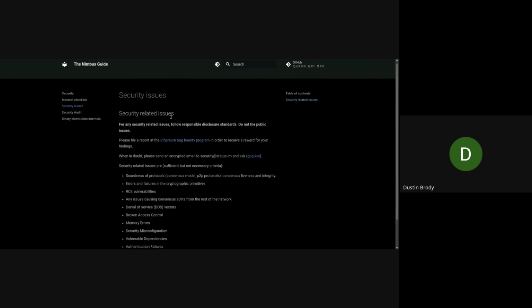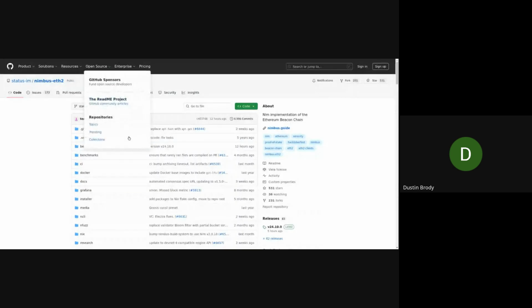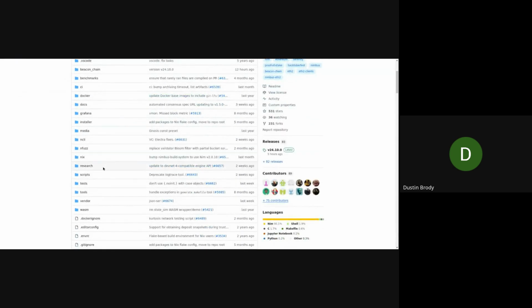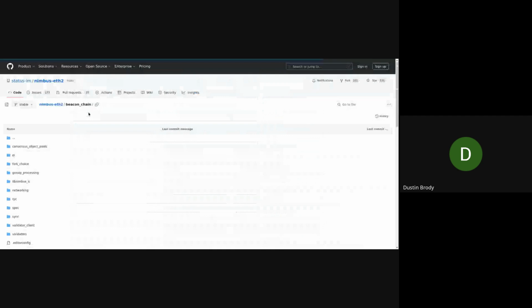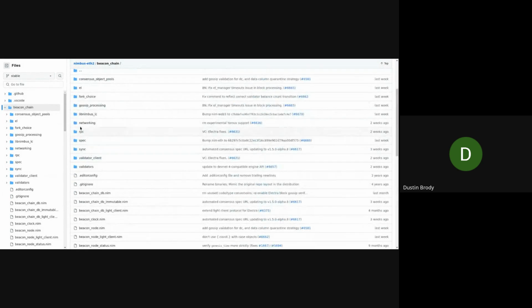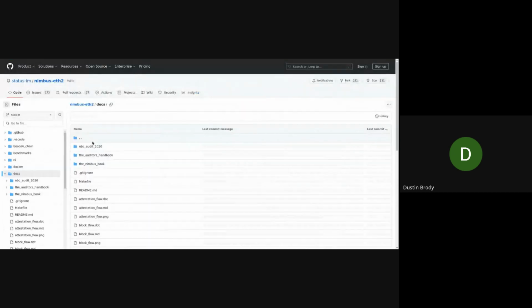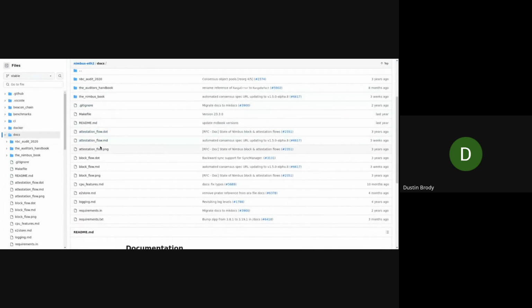So that's one thing. Now in the code base, switching over to it, we do have a docs directory, and we have some examples.